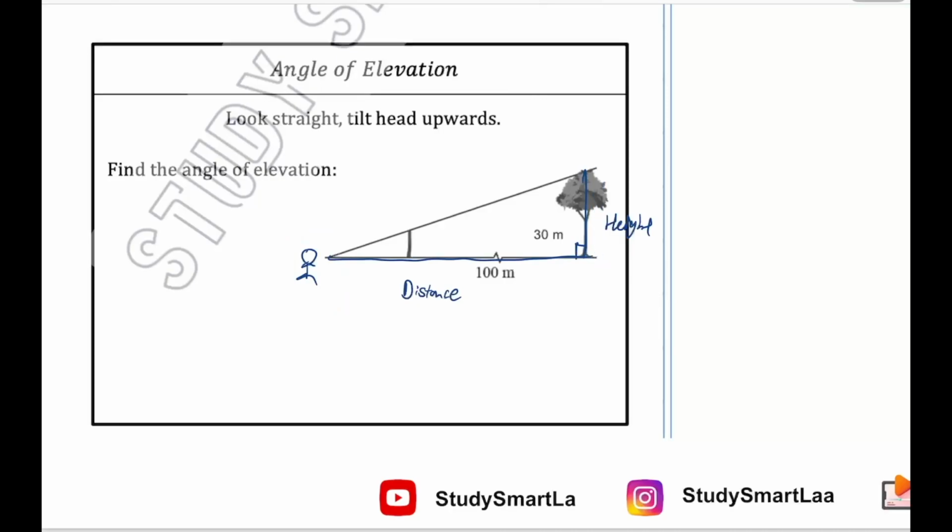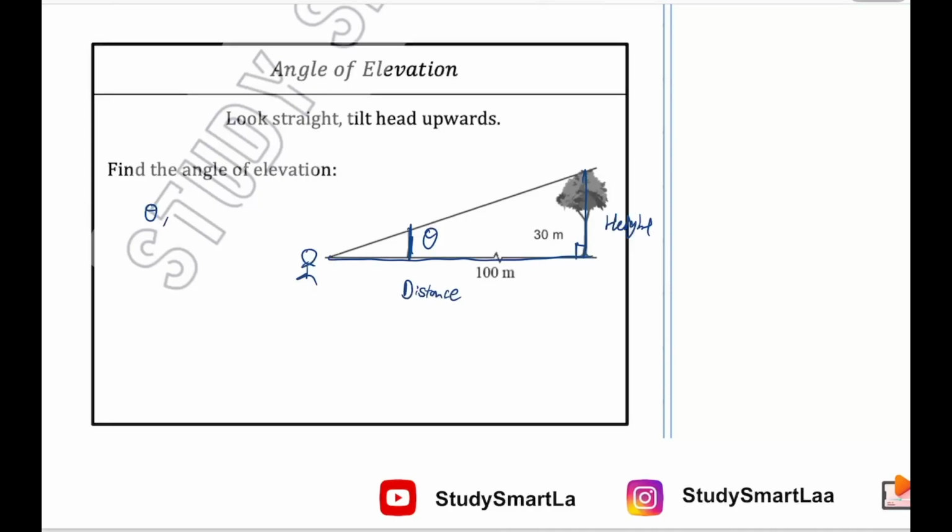Alright, so over here, because it is a right angle triangle, I can use my Torcaso, and I would let this one be theta because that is the angle of elevation. That's the thing that I want to find. So I have theta now. And previously, where I was teaching Trigo in the other videos, what we did was we write down theta.